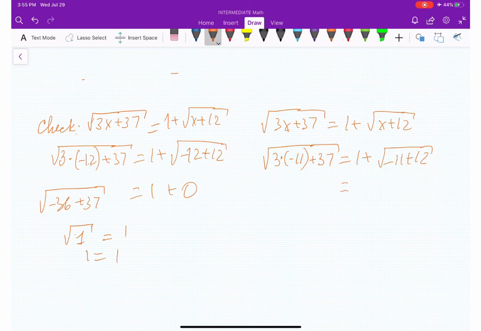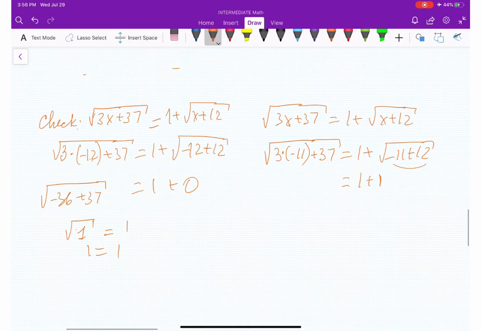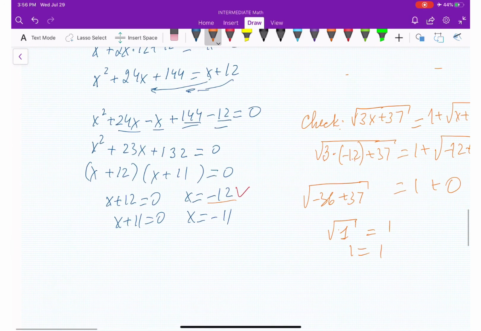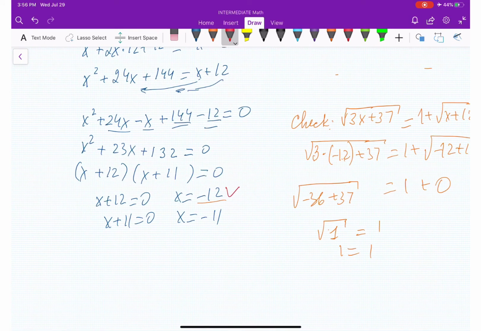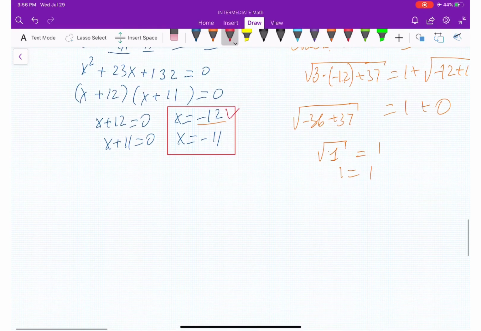So on this side, while it's easy, 1 plus, this is going to be positive 1, and square root 1 is 1, so it's going to be 2. Here we get what? Negative 33 plus 37. We are going to get positive square root of 4 equal 2, right? And 2 is equal 2, which means both of them are solutions. And that is going to be negative 12 and negative 11. Okie dokie. Thanks for watching.